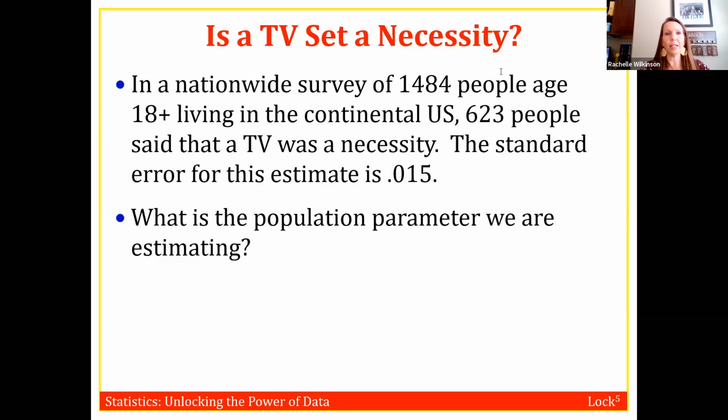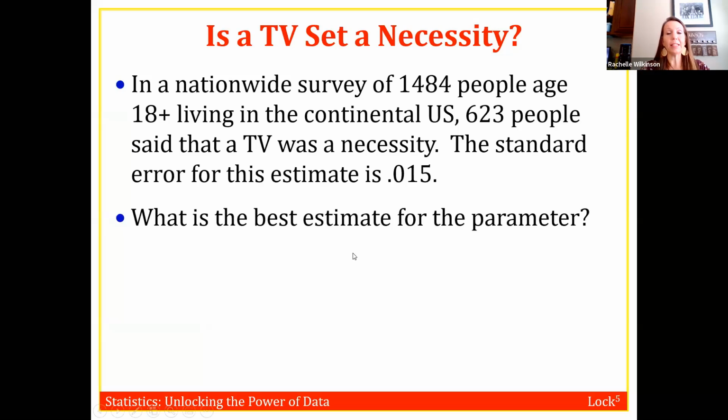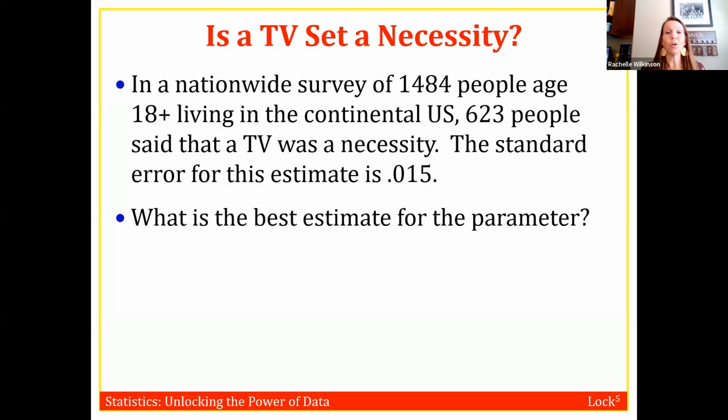Next we're going to look at the best estimate. What is best estimate code word for? Yes, the sample statistic. So what this is really asking is, what's the sample statistic? First we need to come up with the notation, and then the value.